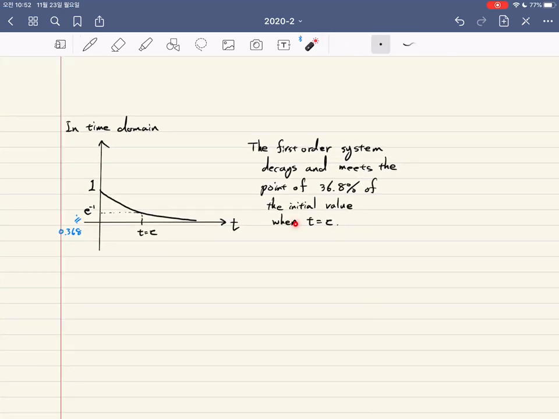So this is the meaning of the term tau, the time constant.